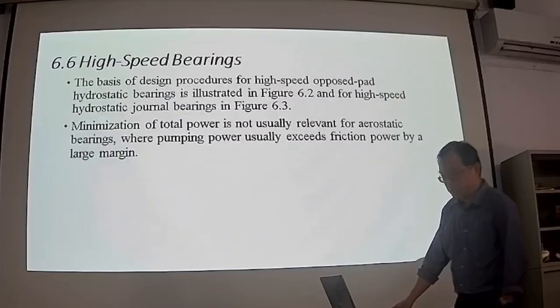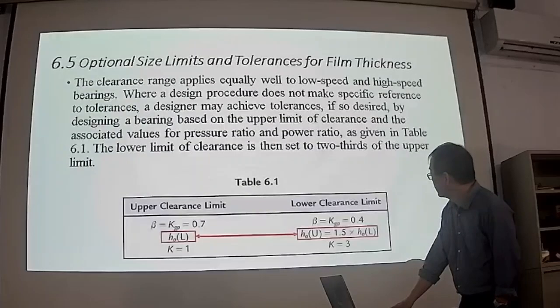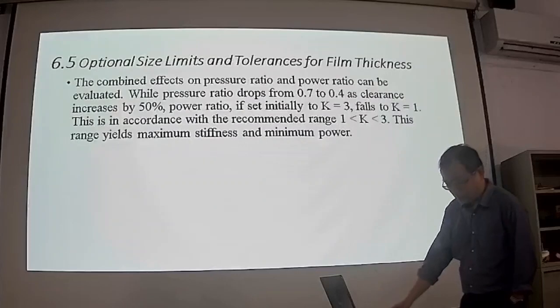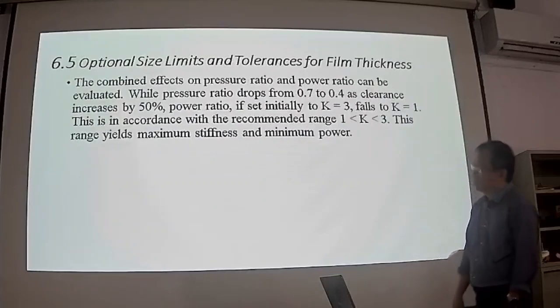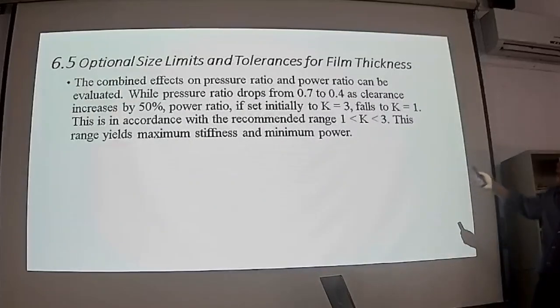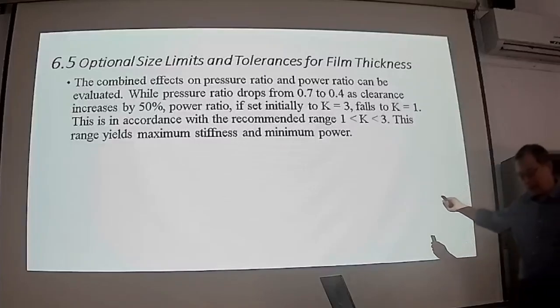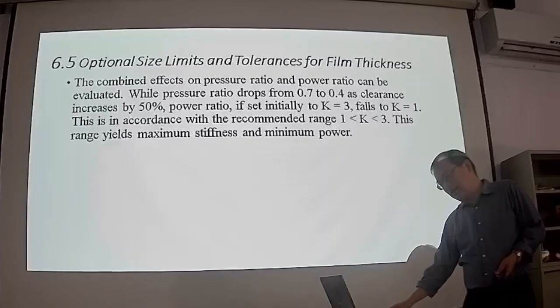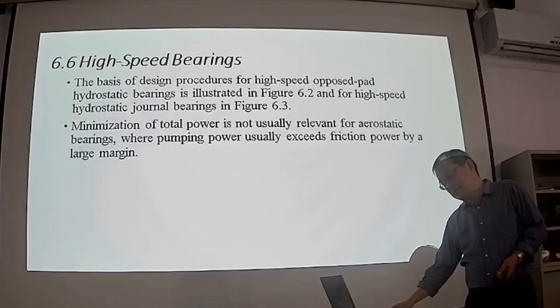So for the high speed bearing, which means the power ratio K, friction power divided by pumping power, is greater than 3, it's called high speed hydrostatic bearing.